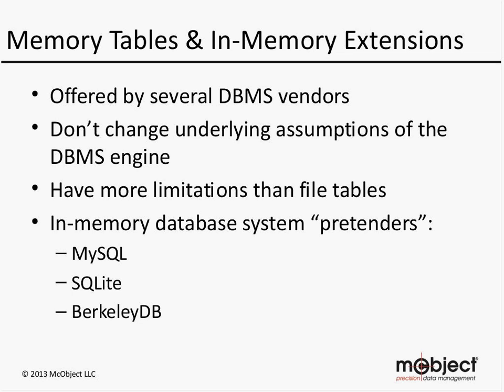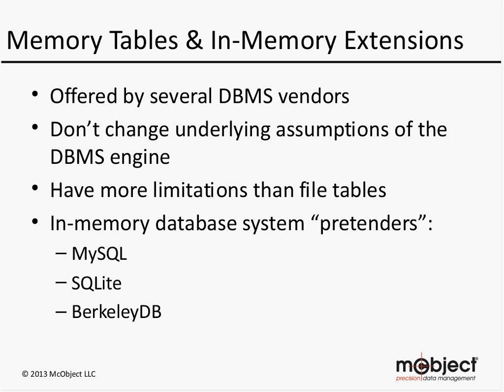In other words, the database management system has one set of index creation, maintenance, and lookup functions, and those same functions are used regardless of whether the index is for a memory table or for a disk table. So the memory for an index on a memory table is going to waste just as much space as if you had created the fully cached database approach or put the database into a RAM drive. And they vary from vendor to vendor, but memory tables have more restrictions than conventional file tables.